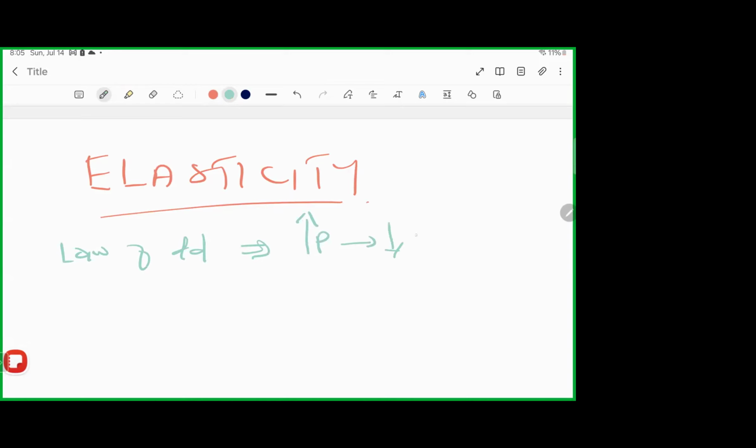Less is being demanded. And at a lower price, more is being demanded.